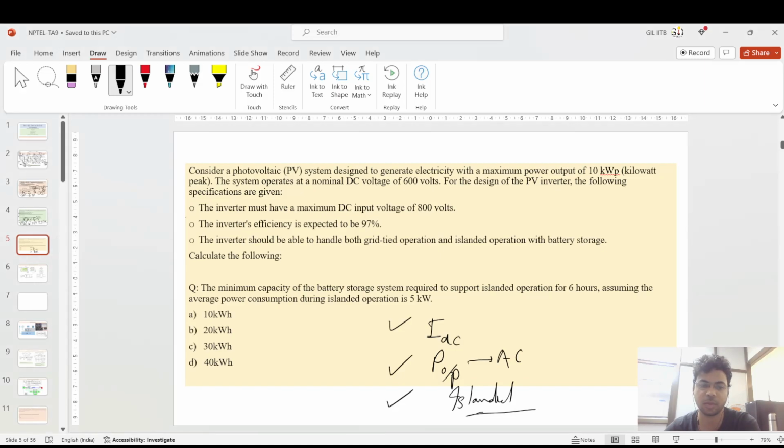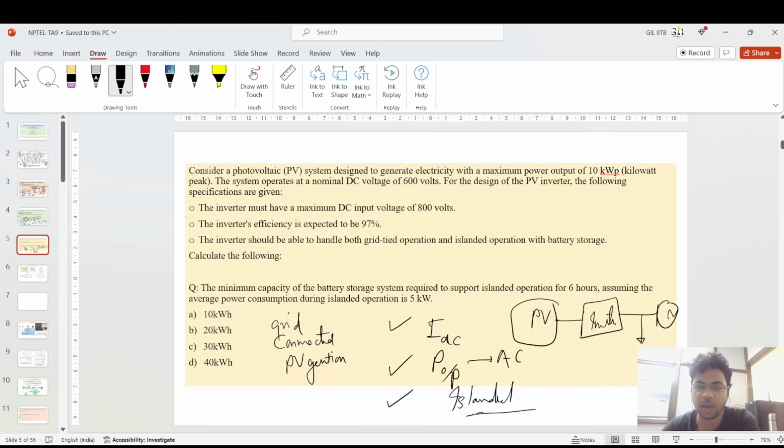Okay, let me solve this question for you. But you need to try these questions because it is very important from the perspective of your academics and research. The concept of this question is that in the grid connected mode, suppose you have a certain PV, then an inverter, then the grid, and at that point you have a load also.